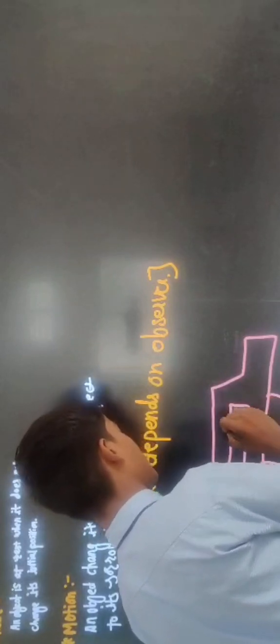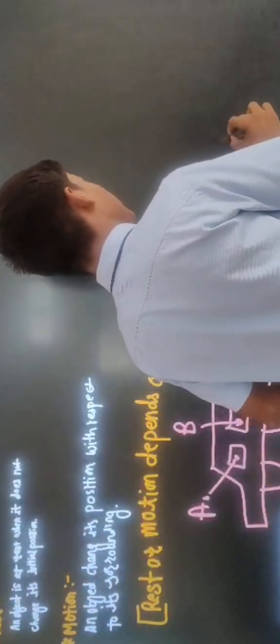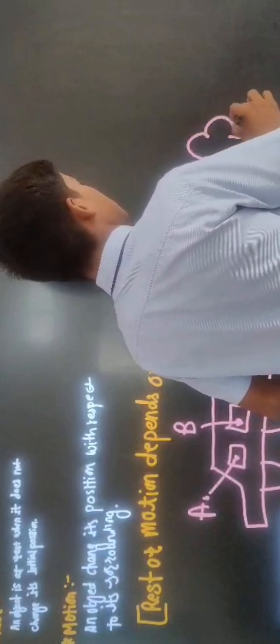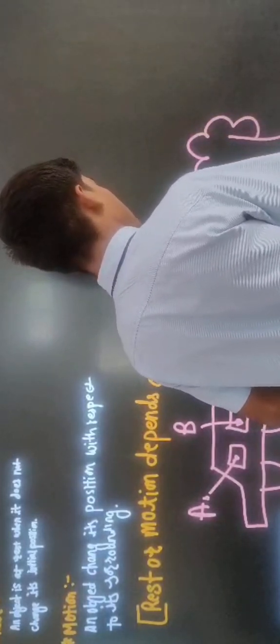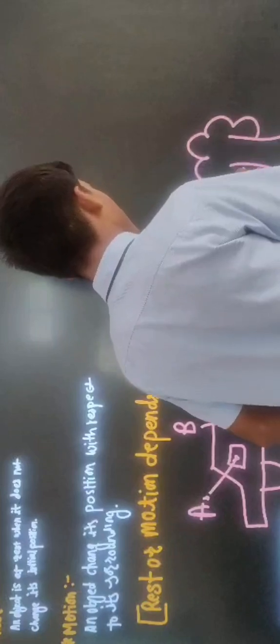Two friends are traveling in a car. One is sitting at point A and another at point B. And one another fellow is sitting down by the tree. He is C. So now you see the diagram properly.